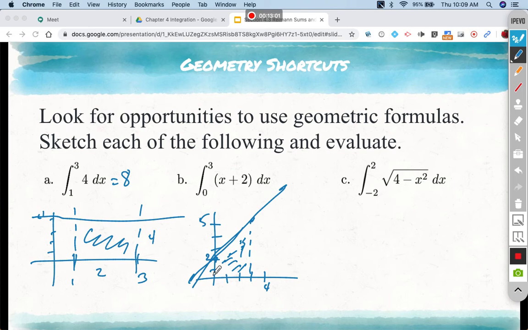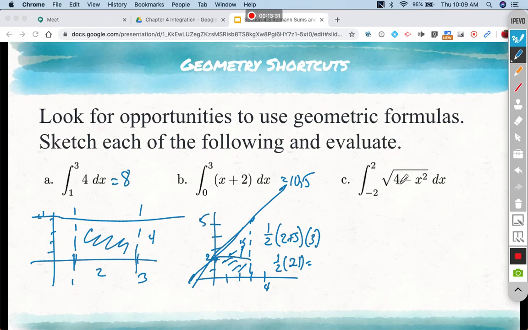That's a nice trapezoid. 1/2 base 1 plus base 2 times the width. So we can say 1/2 of 2 plus 5 times the width of 3 is going to be 1/2 of 21 is going to be 10.5. Or you could make this up as a rectangle. This is 2 by 3 and a triangle. Either way we can do that.